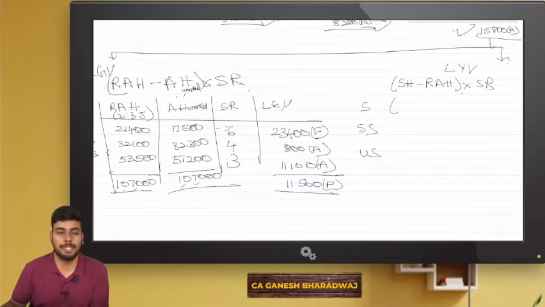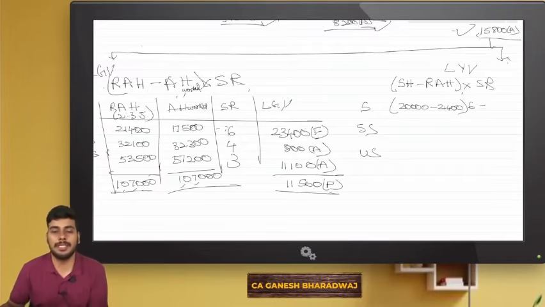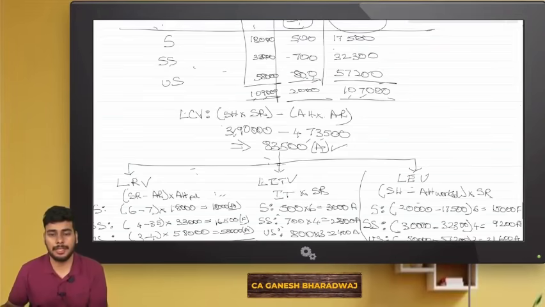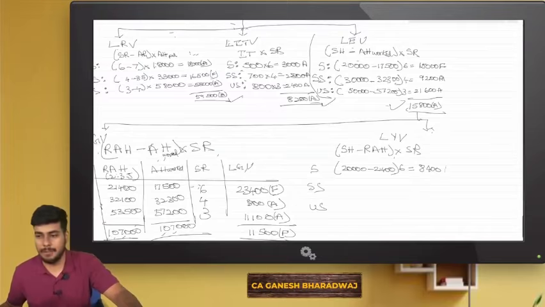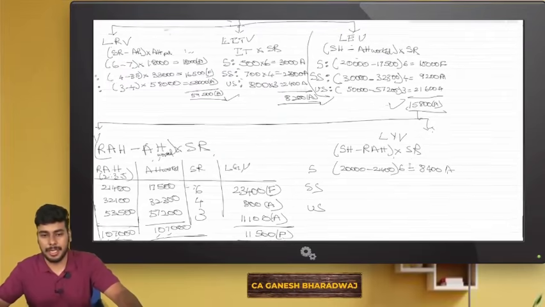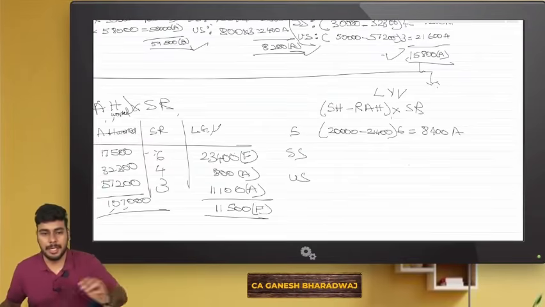Standard hours 20,000 minus revised actual hours 21,400 into standard rate 6. How much is that? 8,400. Adverse or favorable? Adverse.